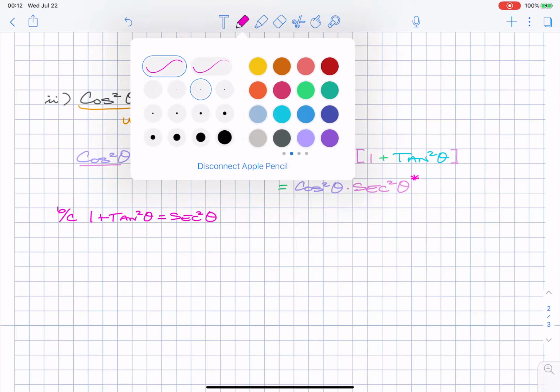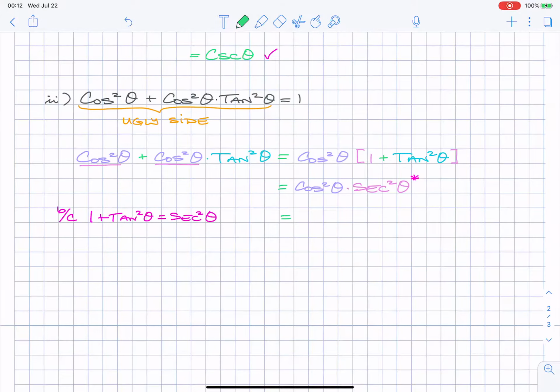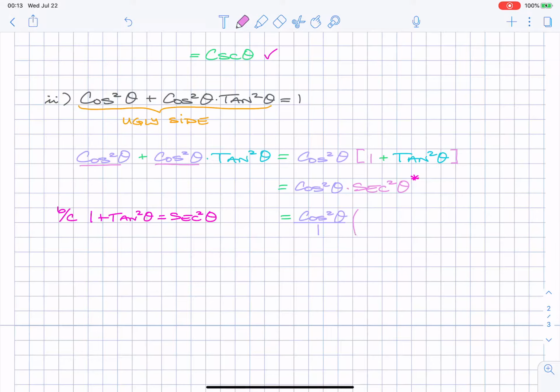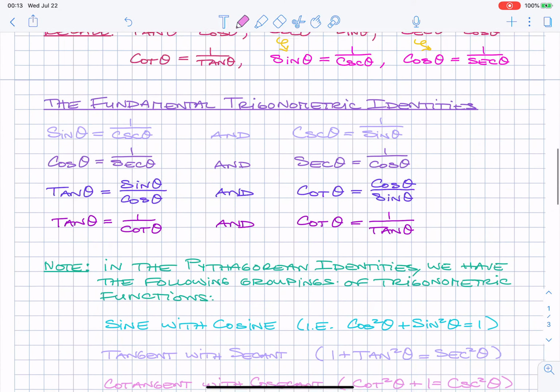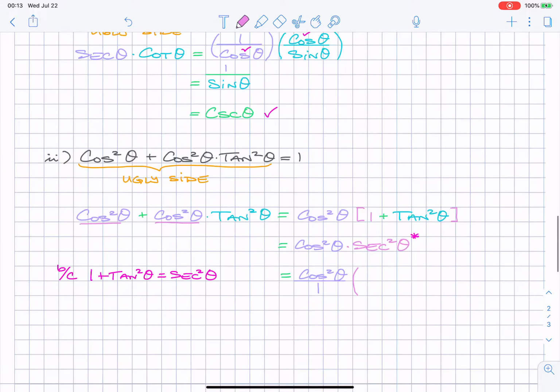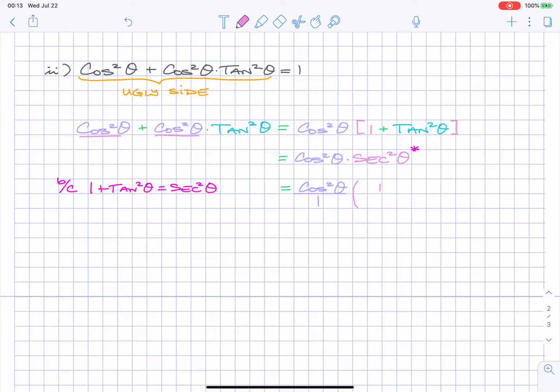Okay, so now going back over here, I can write this as cosine squared theta. All whole numbers are over 1, so I'm going to put this over 1, and you'll see why in a moment. Because secant is what? Well, secant is 1 over cosine, so I can write this as 1 over cosine squared theta.